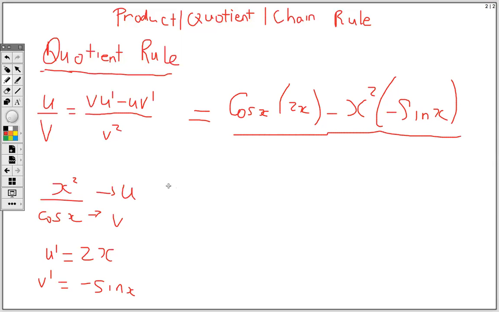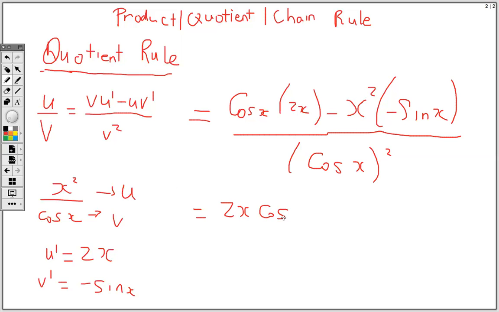And v squared will be cos x squared. Now we can go further in terms of putting the 2x in front of the cos x.